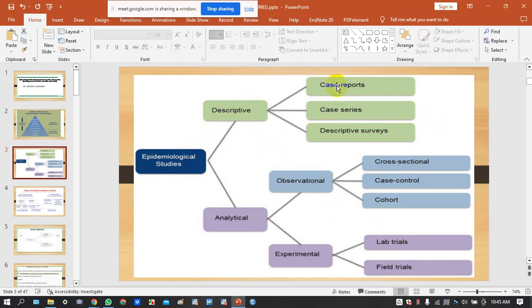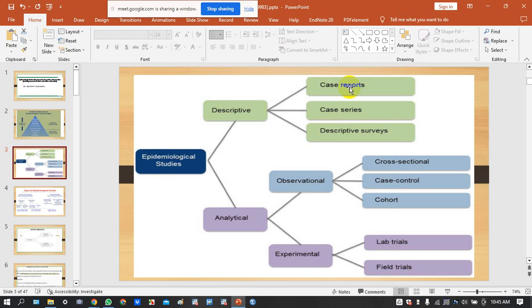A case report is when a doctor is reporting, like with HIV, when they saw that abnormal finding in a person. The doctor was confused, so the doctor had to write a report on the signs and symptoms, the history and the clinical presentation of the patient that the doctor was examining.